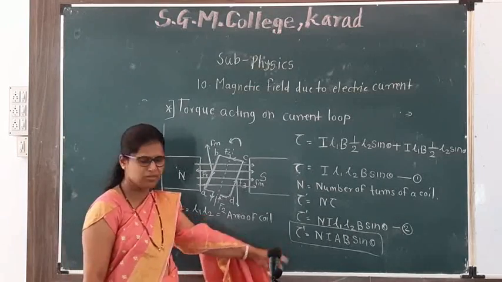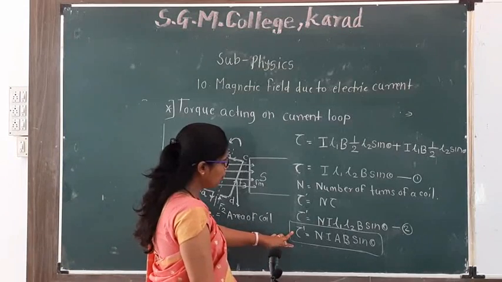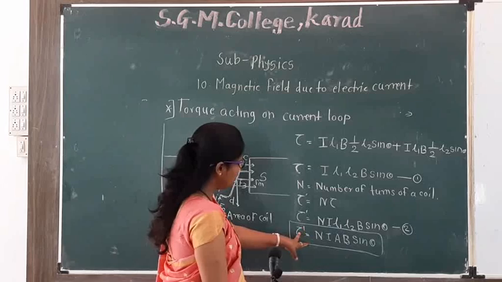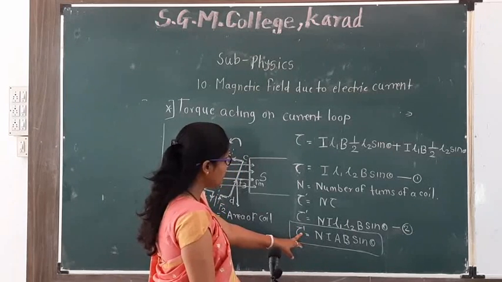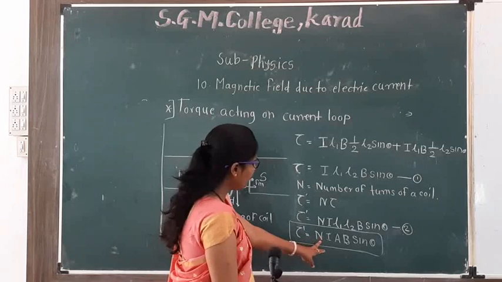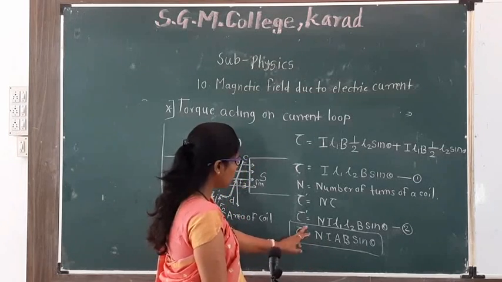This equation is good for flat coils having different shapes of wires. That is the equation of the torque.